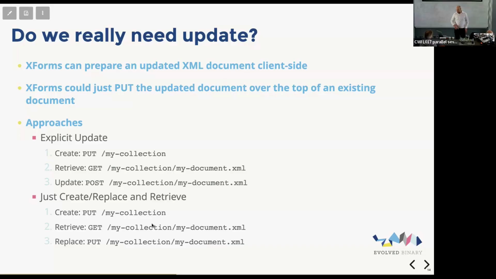Okay, so there are ways you can do it in REST. One of the ways that we could do it is, as Stephen has basically asked for, explicit update. So we create our initial document in our collection. We can retrieve our document, and then we can send some sort of post, which is going to tell the server to modify this document.